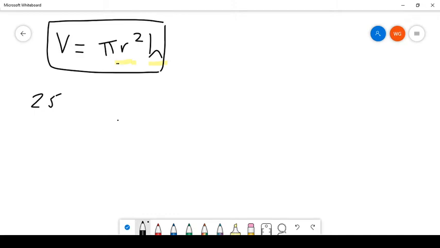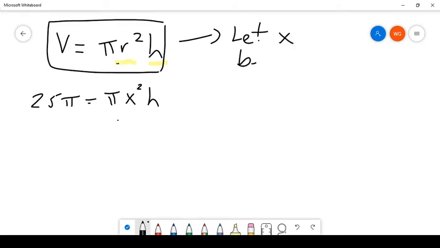That was the volume, if you recall, that would have to be applied to this cylindrical container. 25 pi equals pi x squared times h. And of course, what I have just done there is I've said, let x be the radius.